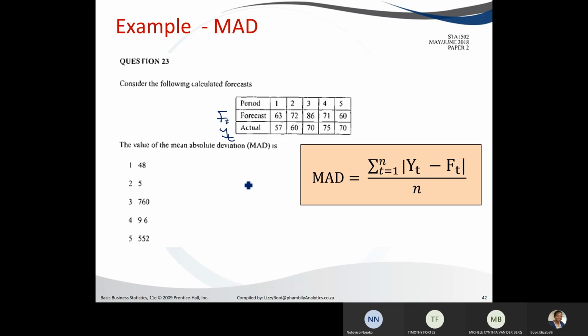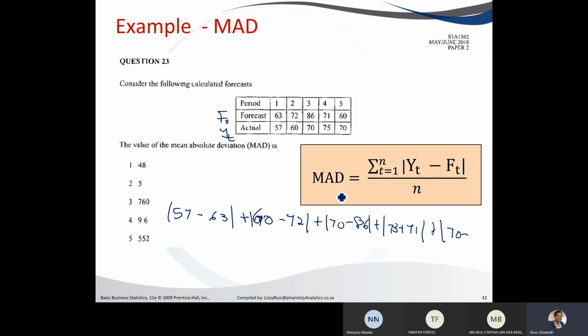Our actual is 57, so you will say 57 minus 63, but this is absolute, so the answer you get here will always be positive, plus 60 minus 72, plus 70 minus 86, plus 75 minus 71, plus 70 minus 60.